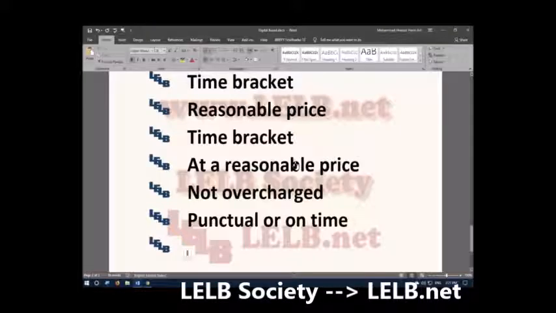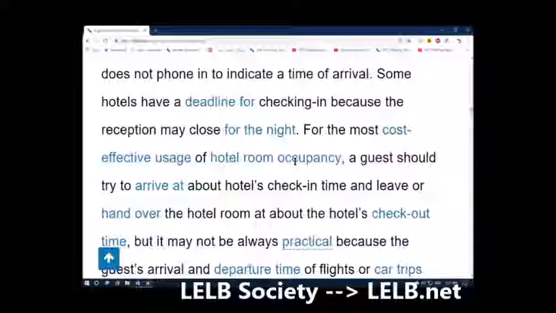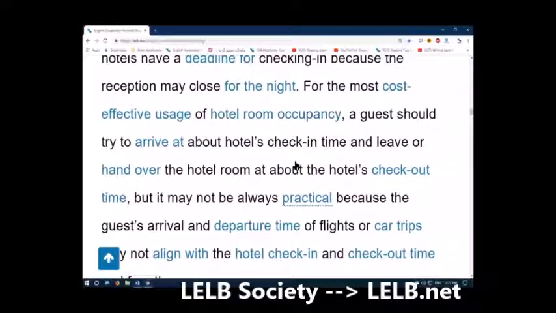Handover means give back the hotel room at about the checkout time, but it may not always be practical.